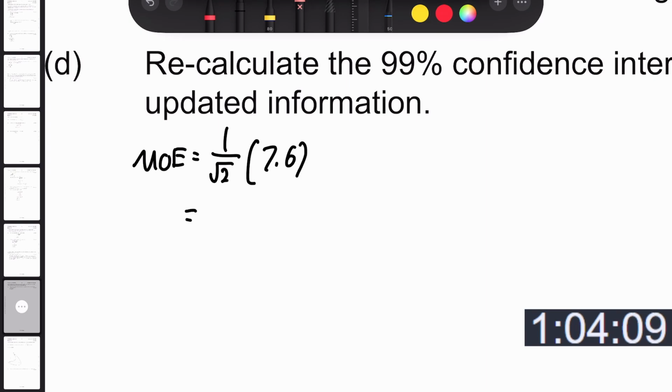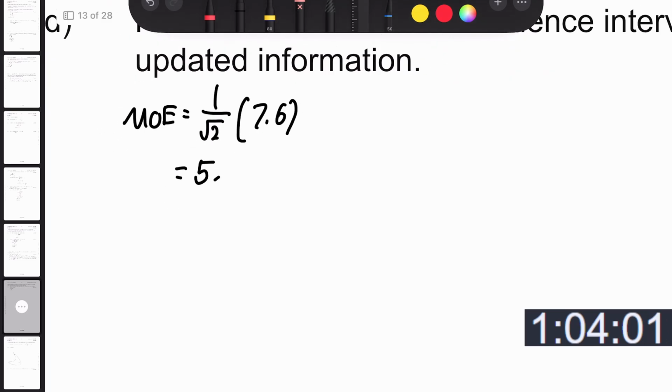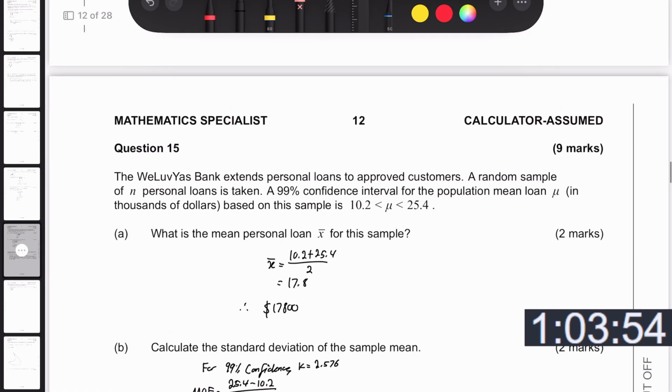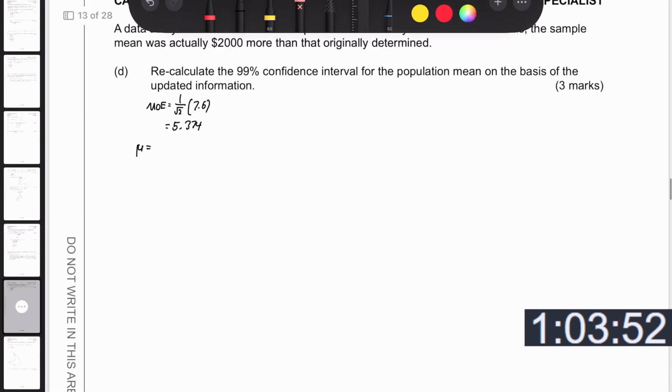So this is 1 on square root of 2 times 7.6, so 5.374. Mean is going to be $2,000 more, so it'll be 19.8.